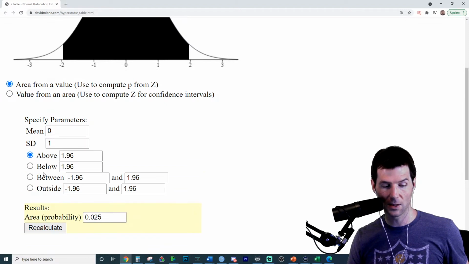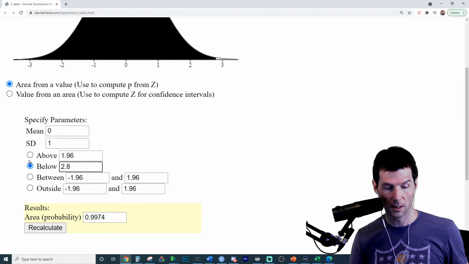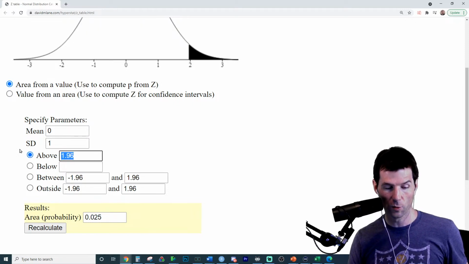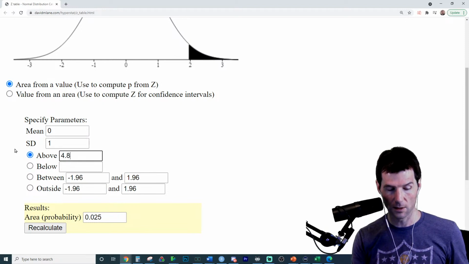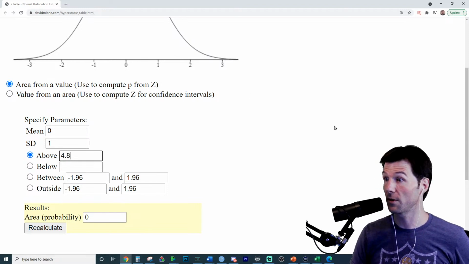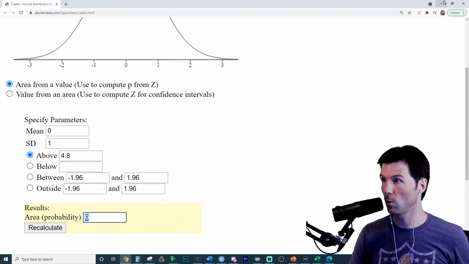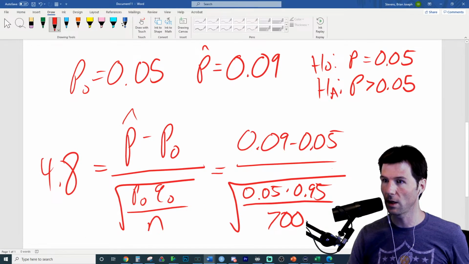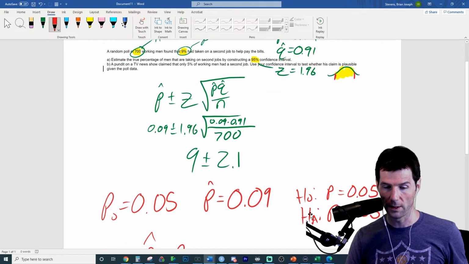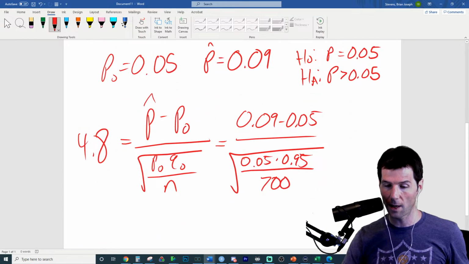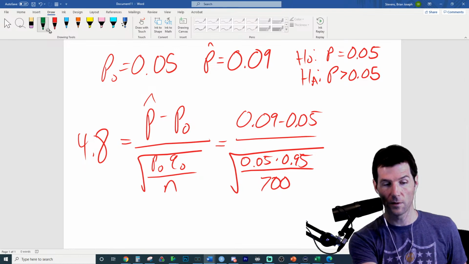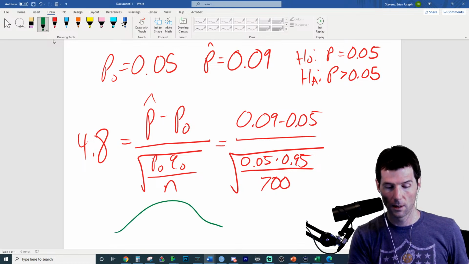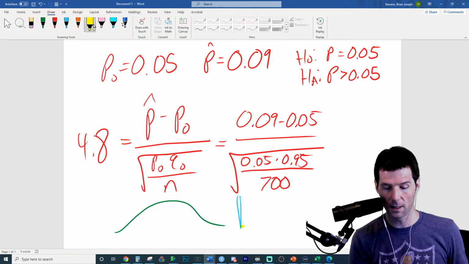When we plot this Z-score, we're asking, what's the probability of getting a Z-score greater than 4.8? And the answer is it's off the scale. So in this instance, our p-value is very, very what? We'll draw a visual for it. The p-value would be way over here, and it would look something like this.